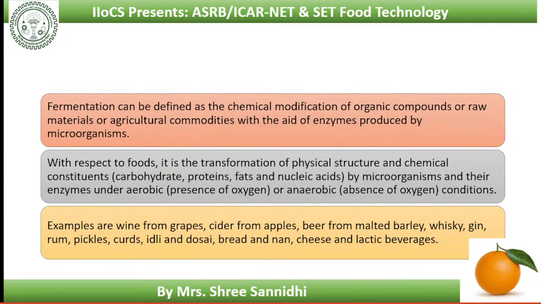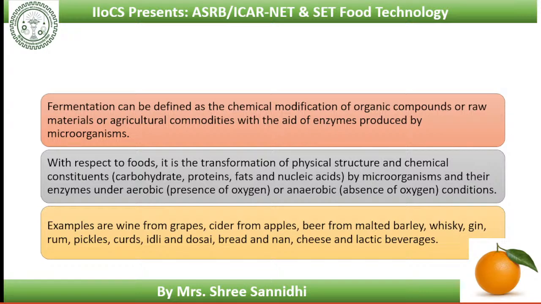So let us see the definition of fermentation. Fermentation can be defined as the chemical modification of organic compounds or raw materials or agricultural commodities with the aid of enzymes produced by microorganisms.